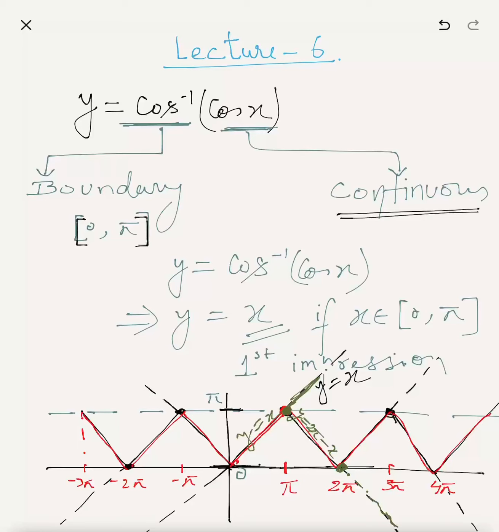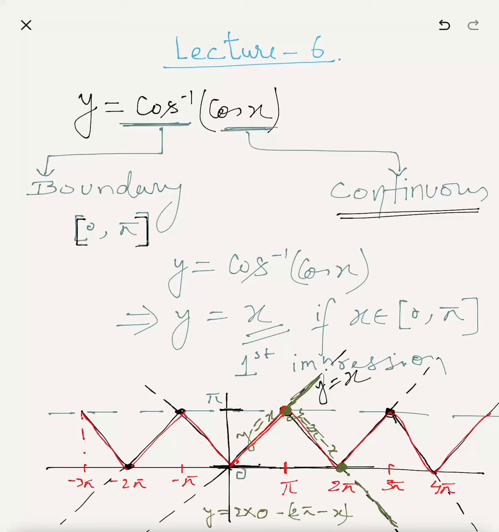So 2 times 0 means 0, minus this 2 pi minus x. 2 times the boundary, that is 0, minus your graph.